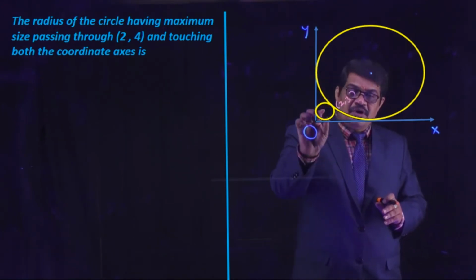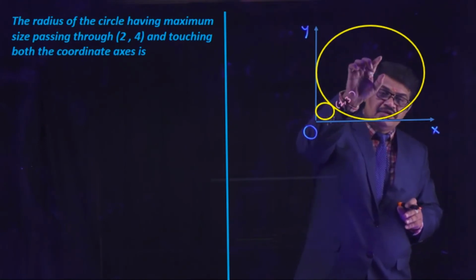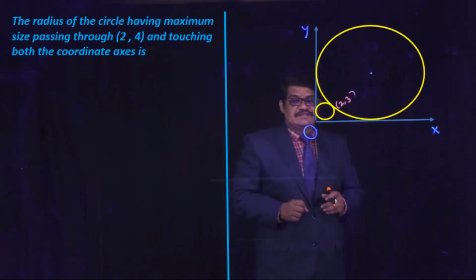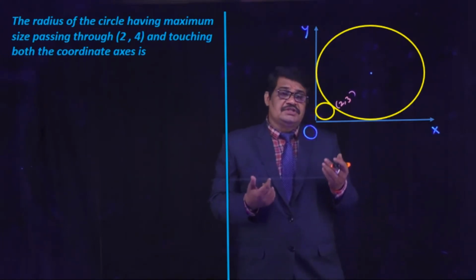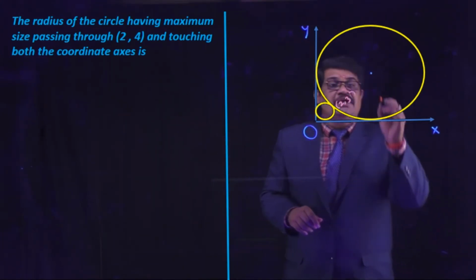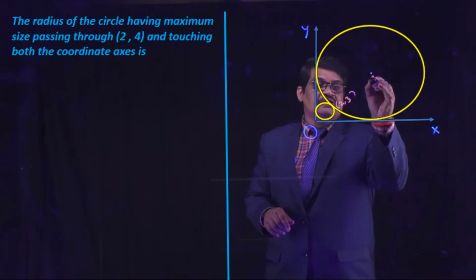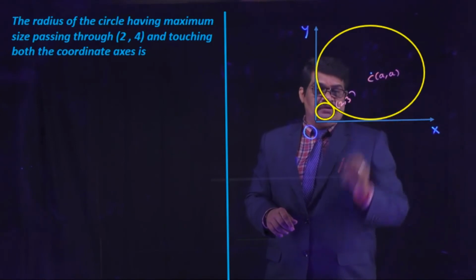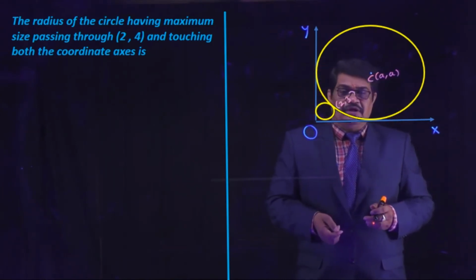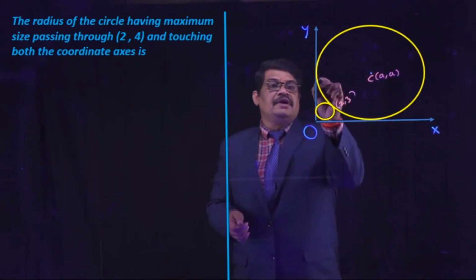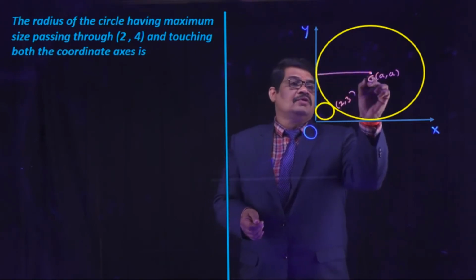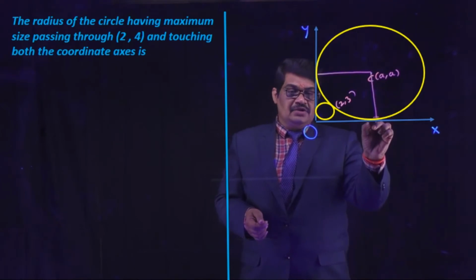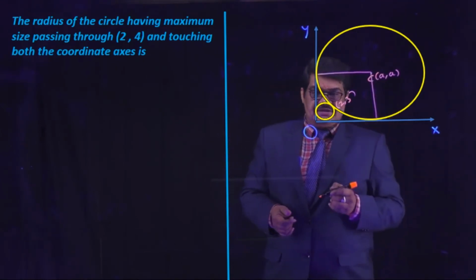So one is a smaller circle and another is a bigger circle. If any circle touches both the coordinate axes, then the center is (a, a) and the radius is also a. So this is the radius and this is also the radius.